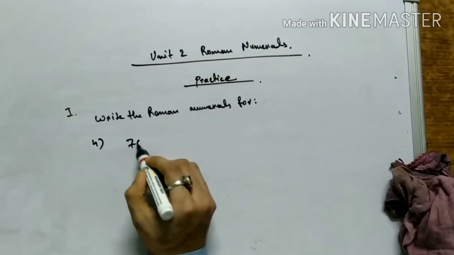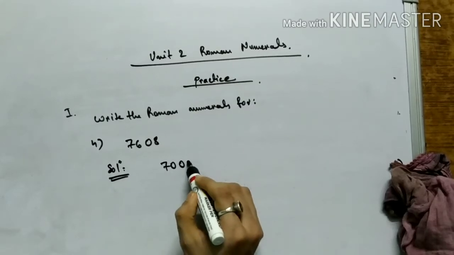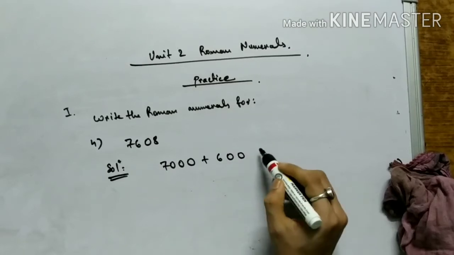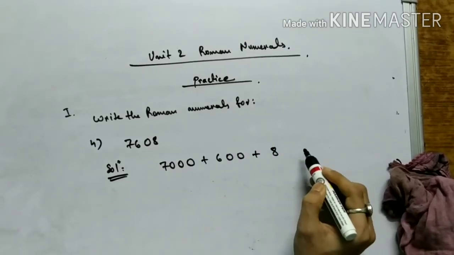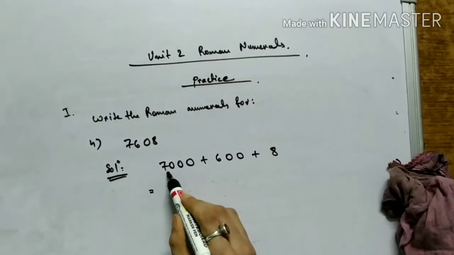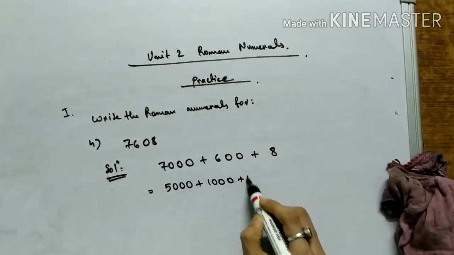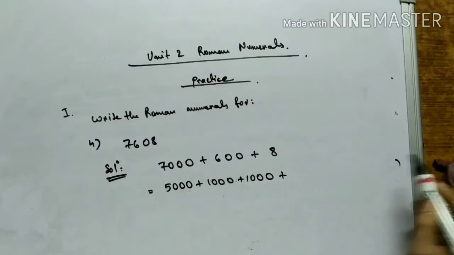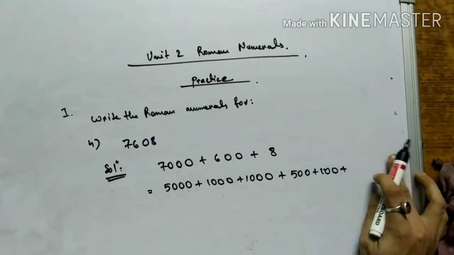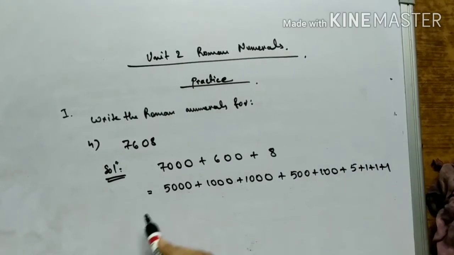Next, number H, 7608. Now 7608 I can write as 7000 plus 600 plus 8. So 7000 I can write as 5000 plus 1000 plus 1000, 600 I can write as 500 plus 100, and 8 I can write as 5 plus 1 plus 1 plus 1.